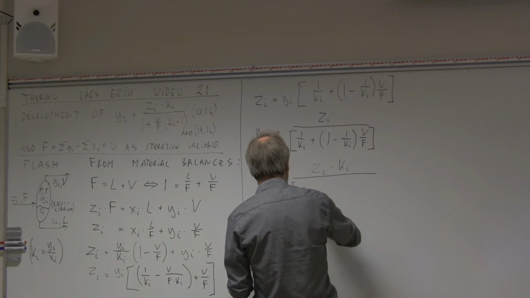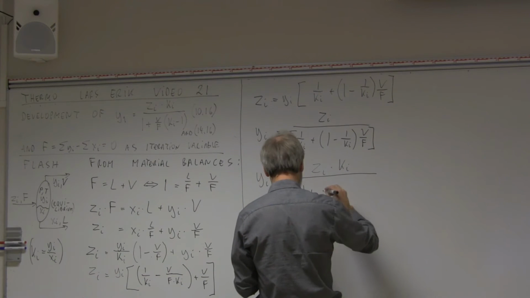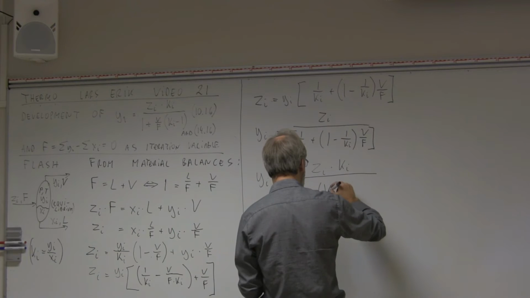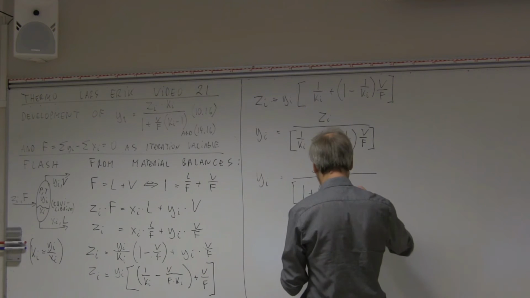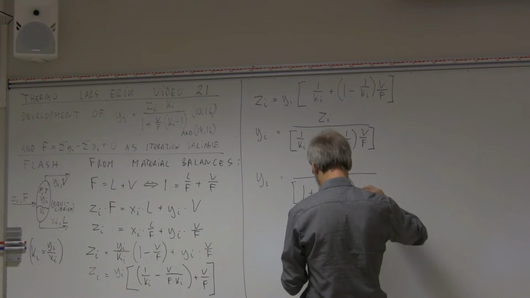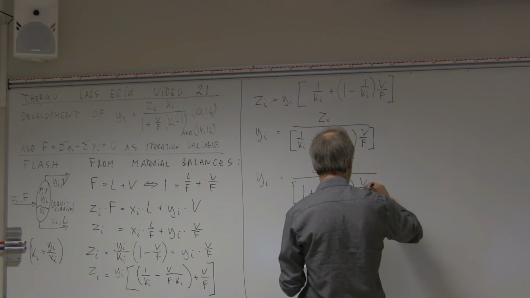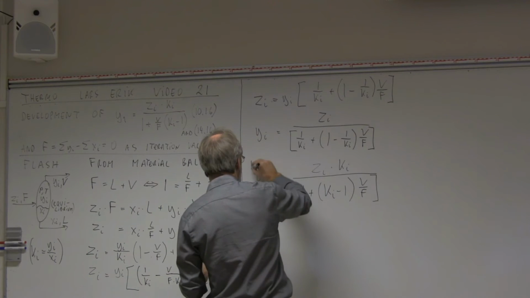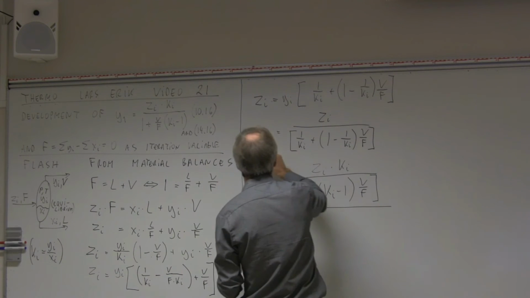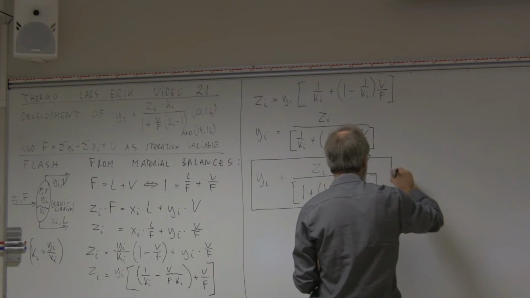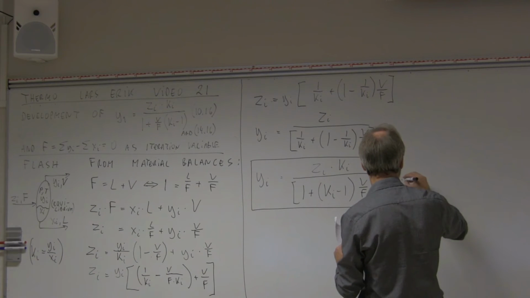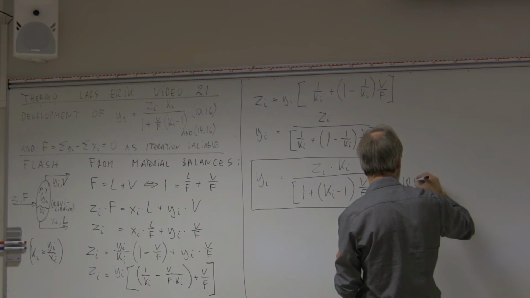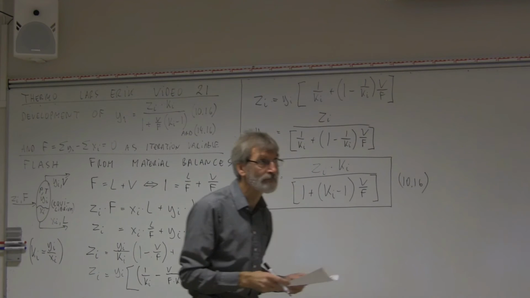divided by 1 plus K_i minus 1 times the V over F ratio. And this is equation 10.16.